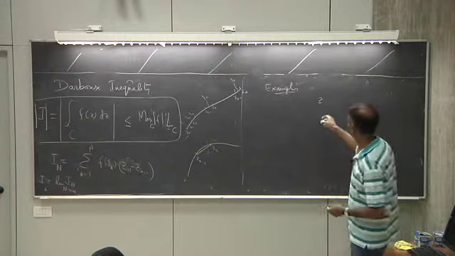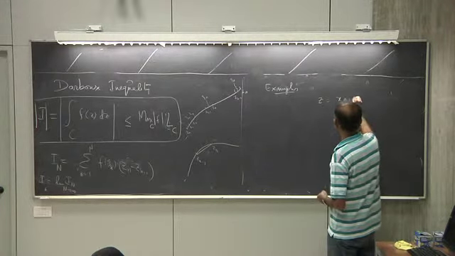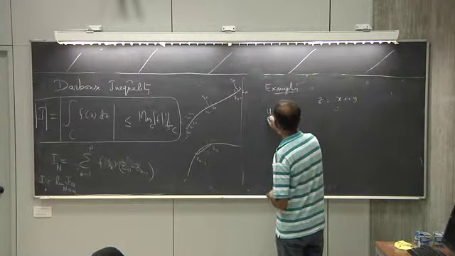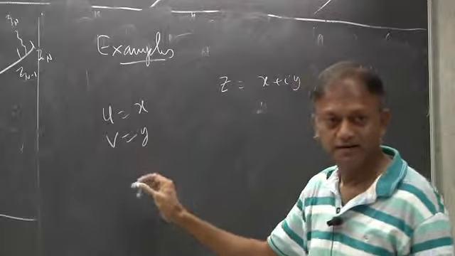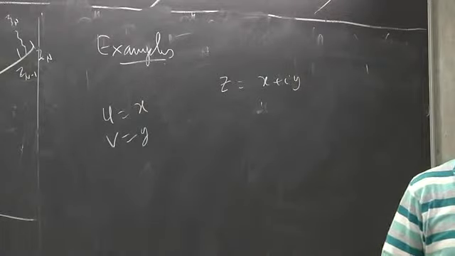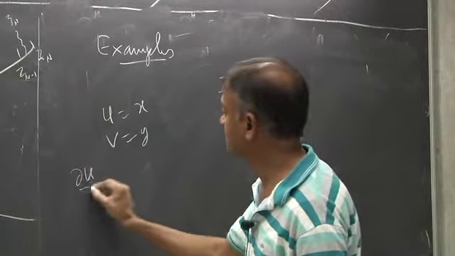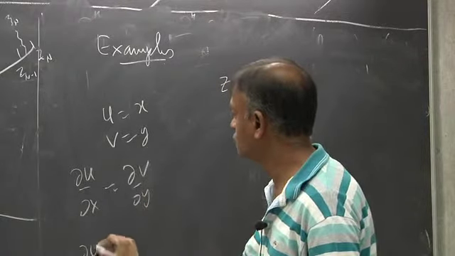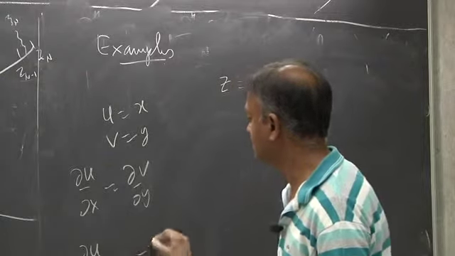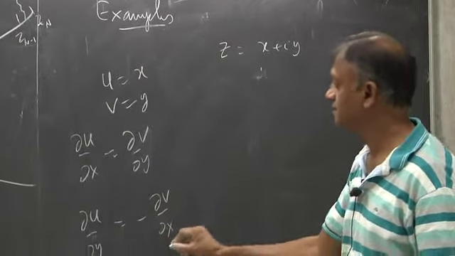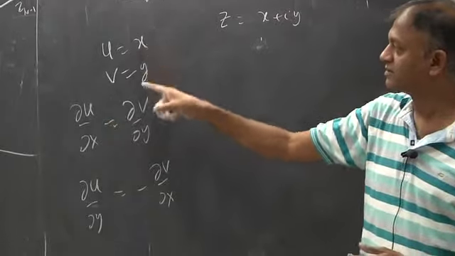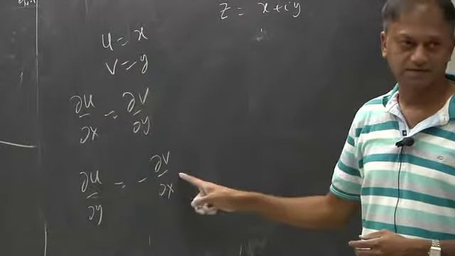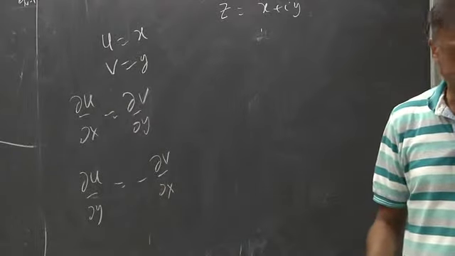You can show that, well, this is x plus iy. So the real part u is x and v is y, right? And it clearly satisfies the Cauchy-Riemann conditions. The Cauchy-Riemann conditions are du by dx equal to dv by dy, and du by dy equal to minus dv by dx, right? For this choice of u and v, this is 1, that is 1, and this is 0 and that is 0. So it's trivially satisfied.